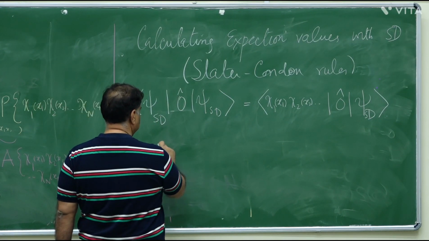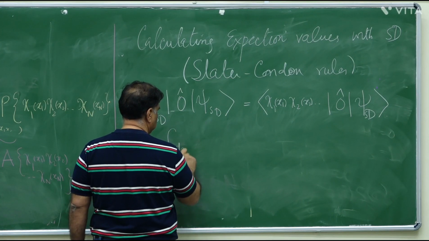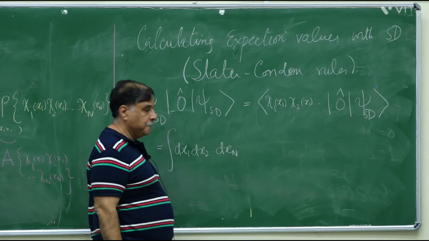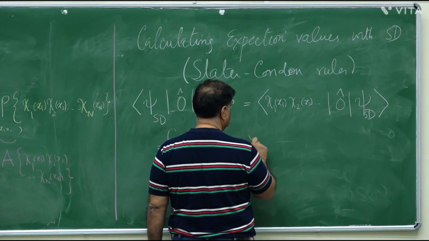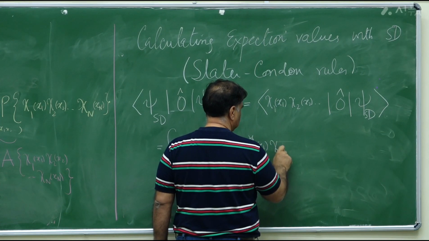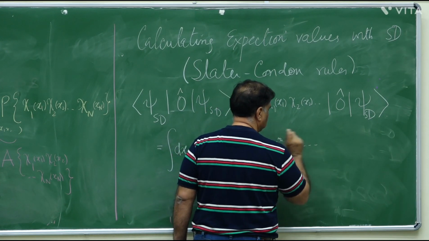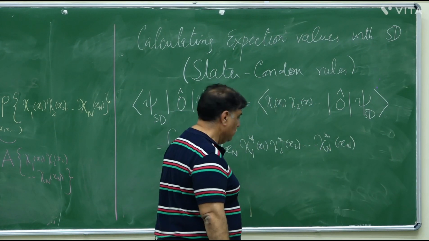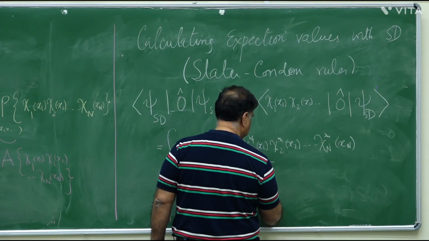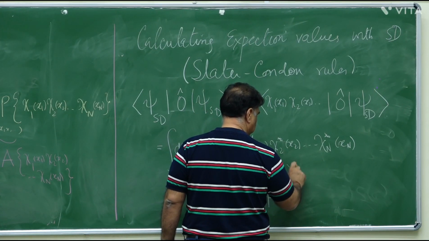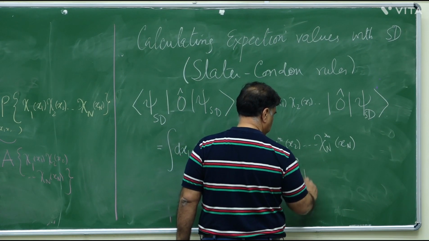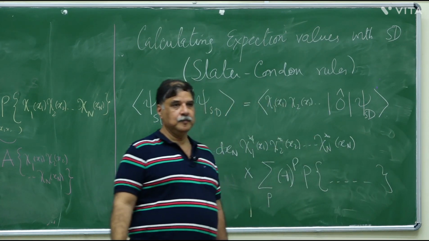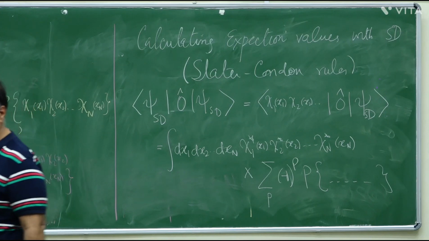Okay, so if I write it openly, it is the integration dx1 dx2 all the way to dxn, I1 star x1, I2 star x2, all the way up to In star xn, times a summation over p of minus 1 raised to p, the permutation of all this. There are going to be n factorial terms.